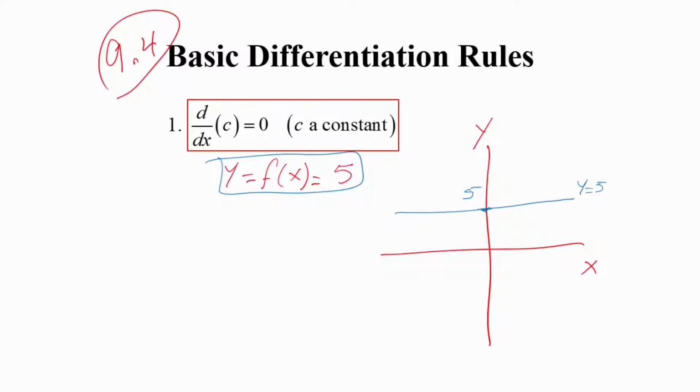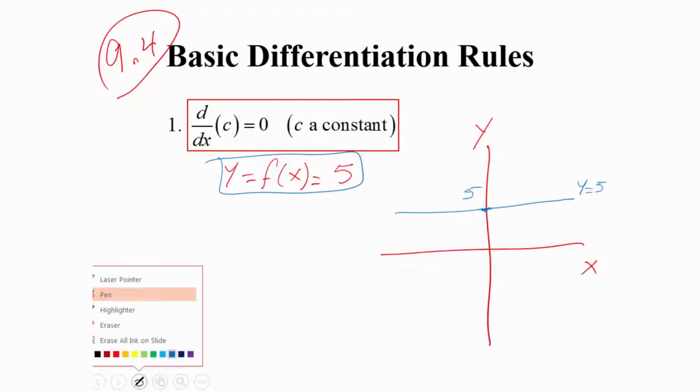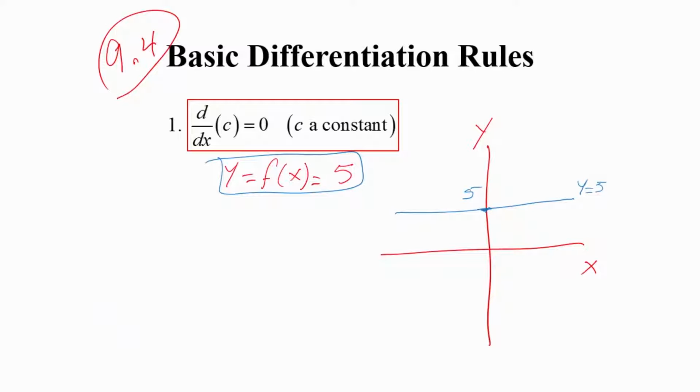Now the question is, how do you draw a tangent at any point? Let's say this point. Well, the first question you ask yourself is, which line would not be tangent here? If I draw a line like this, L1, is this tangent? The answer is no. That line is crossing it.